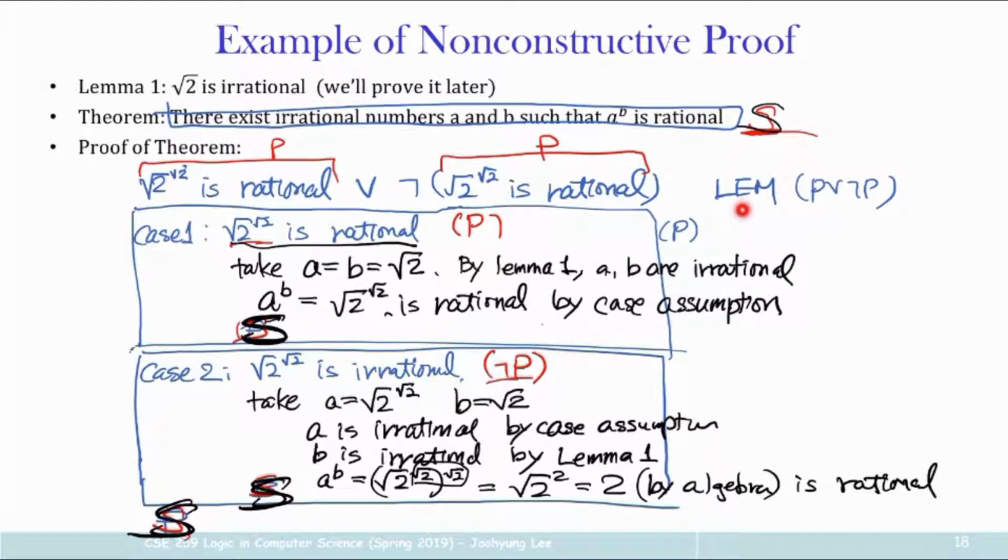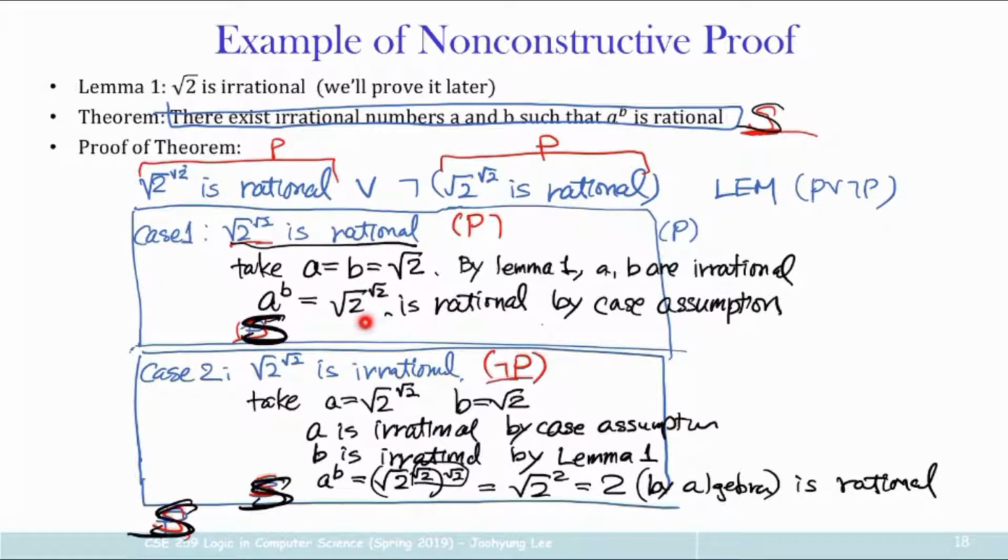Either P or not P is true. Case 1, if P is true, we can say that a and b are square root of 2. And we know that square root of 2 is irrational. So we found two irrational numbers a and b, square root of 2, such that a to the power b is rational.